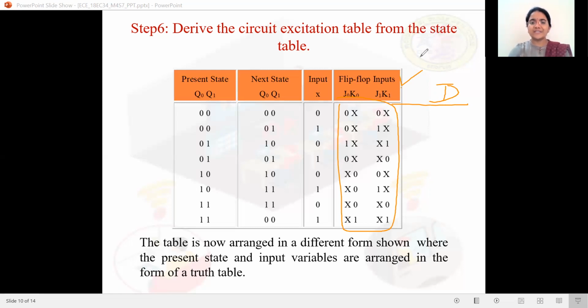But for a T flip-flop, the next states change, and for SR also it will change. For the D flip-flop only, whatever next state is there, we get as the D input. But for the others, we have to remember the excitation table for each of the flip-flops.